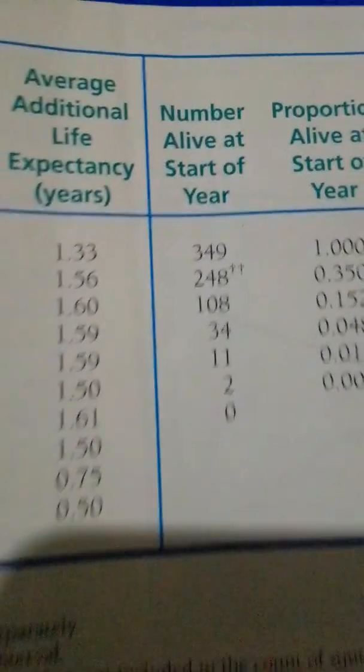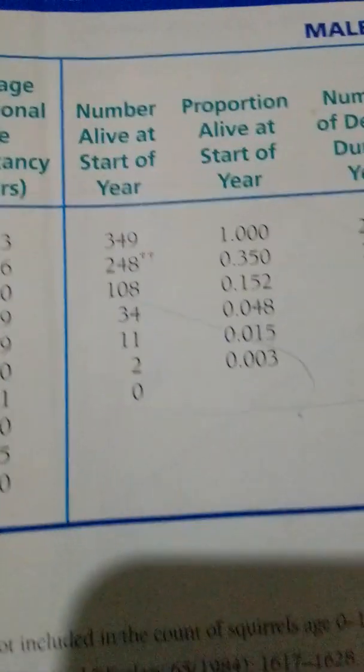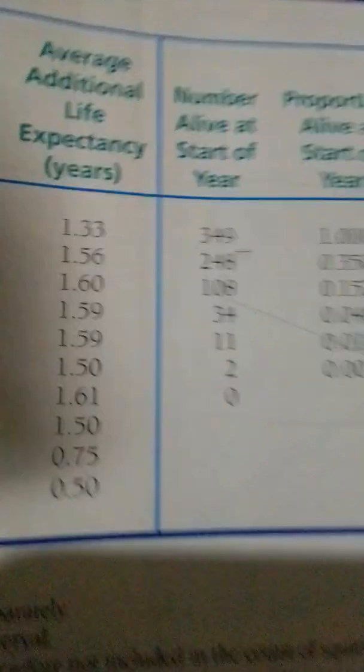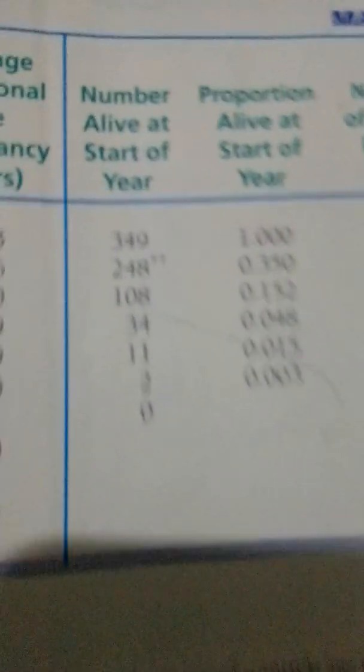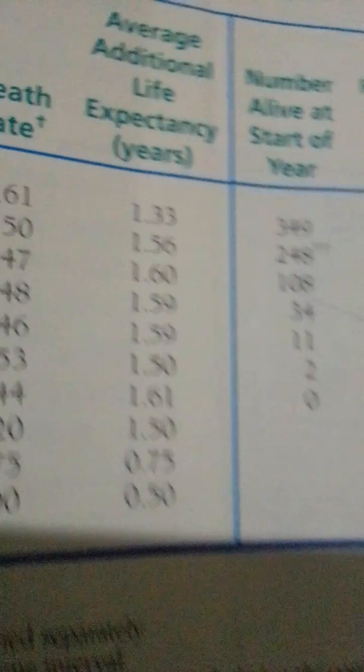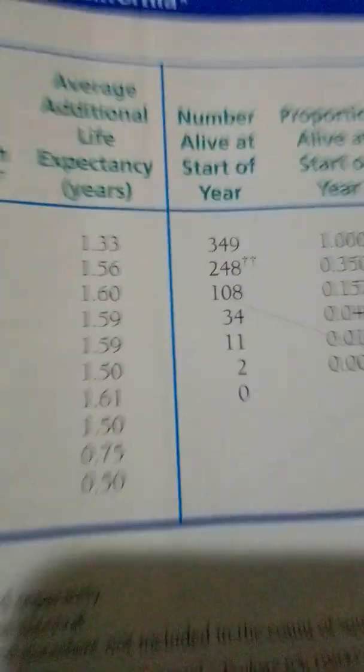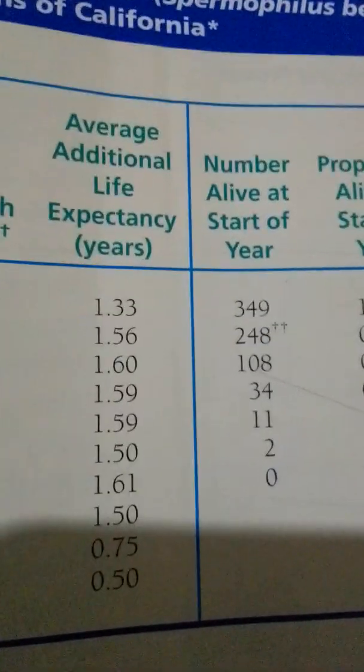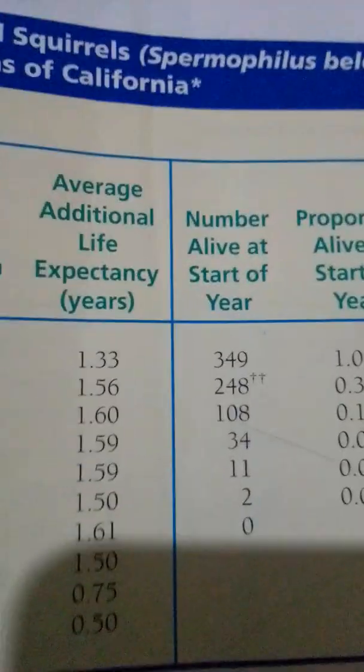Survivorship curves. A graphic way of representing the data in a life table is a survivorship curve, a plot of the proportion of numbers in a cohort still alive at each age. Let's use the data for Belding's ground squirrels, as in this table shown.